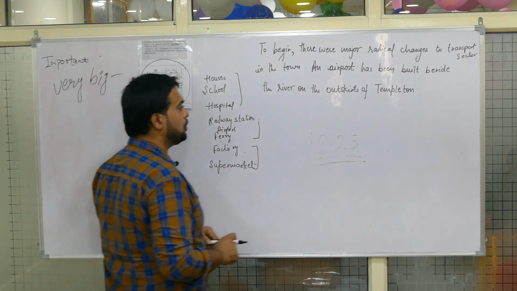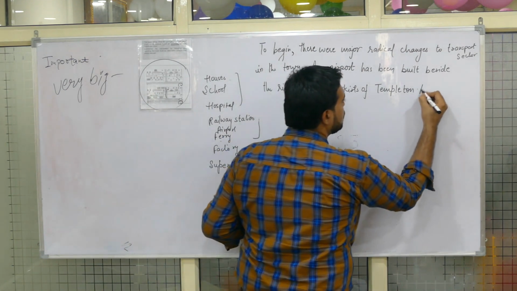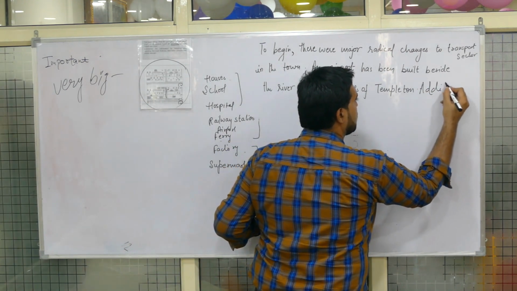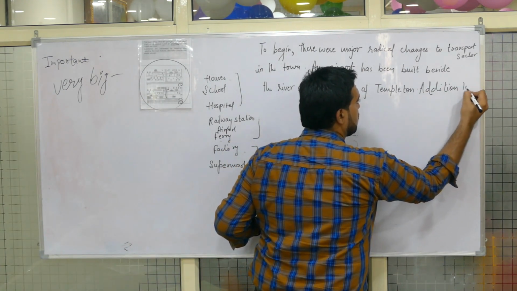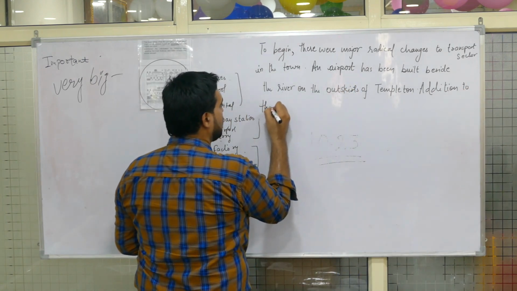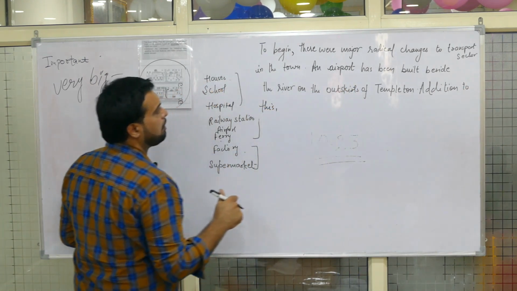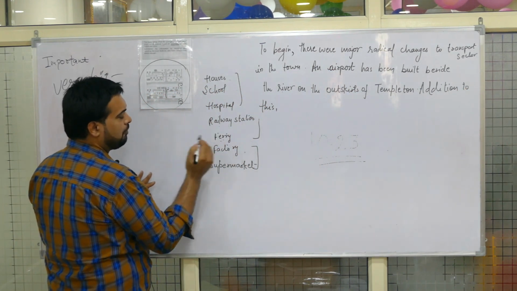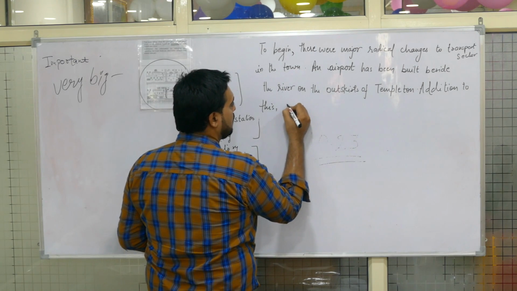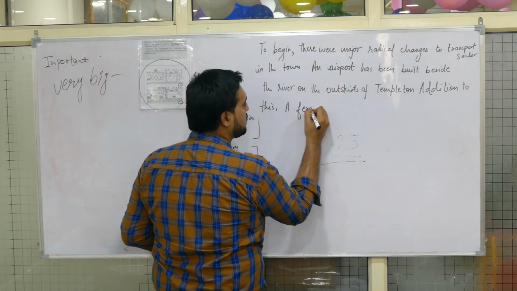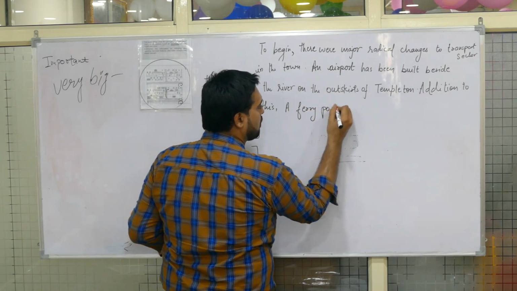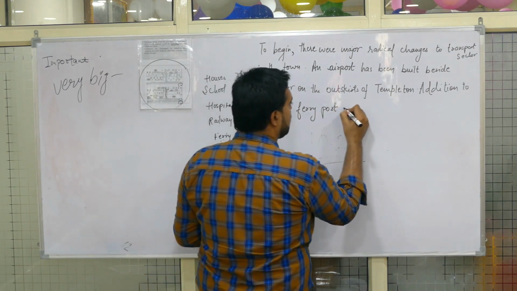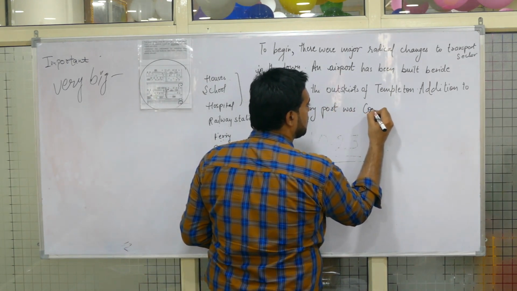Fine. Now we need to use a connector here. In addition to this. Now we have done the airport, so we need to remove it. Now we come to the ferry. A ferry port was constructed.